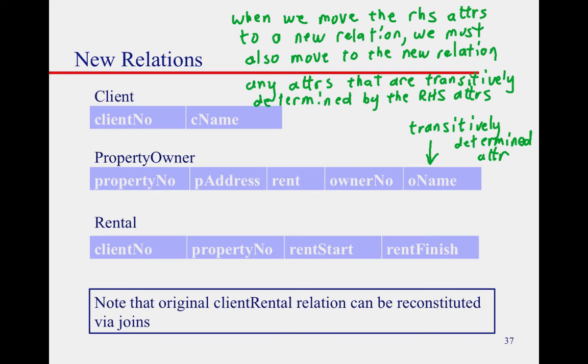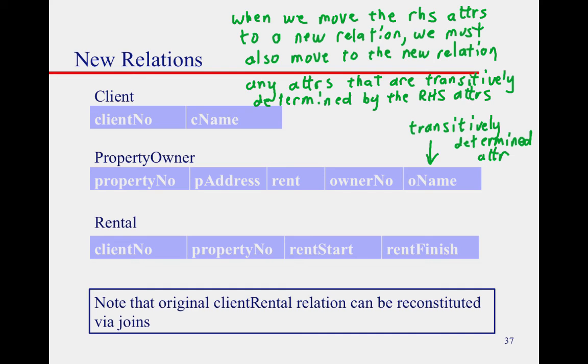So that's an important caveat. You have to make sure that you transfer over any attributes that are transitively determined by the right-hand side attributes. So owner name moved out as well in this case.